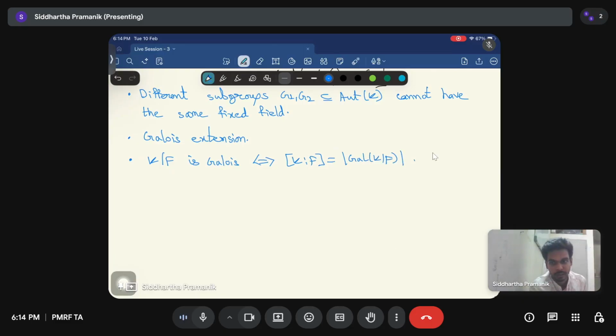So this is one equivalent characterization of the Galois extension. Next, we have seen some examples which are Galois, some of them are non-Galois, and how to find the Galois group and those things, which we have already seen in the previous tutorial also.